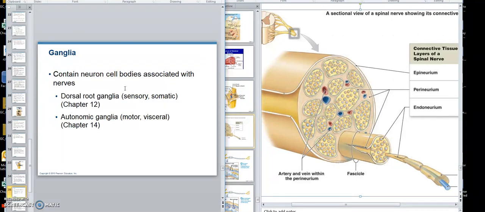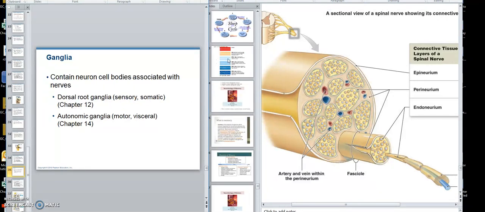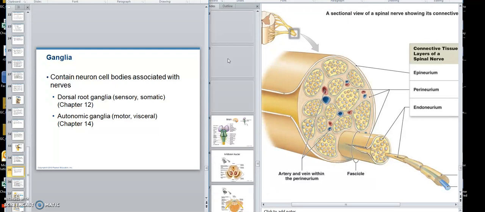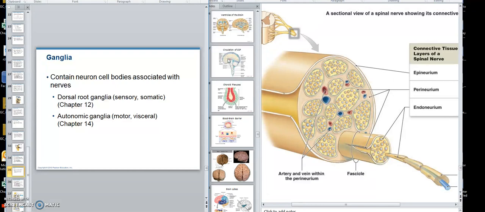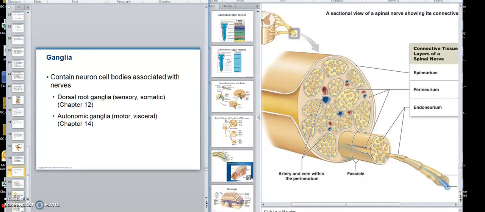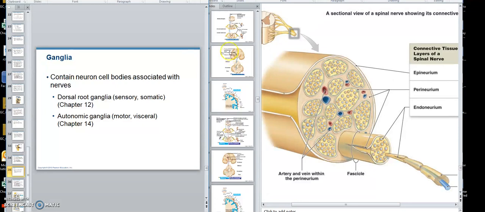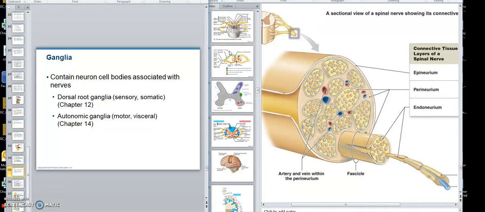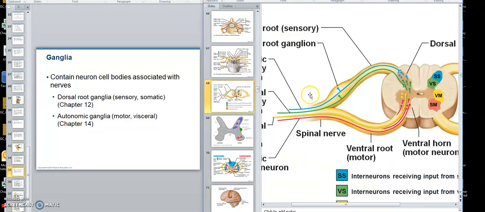Now what you have here is called the dorsal root ganglion. I'm going to go back to the spinal cord. The dorsal root ganglion is this area right here. This swollen area has pseudo-unipolar neurons.